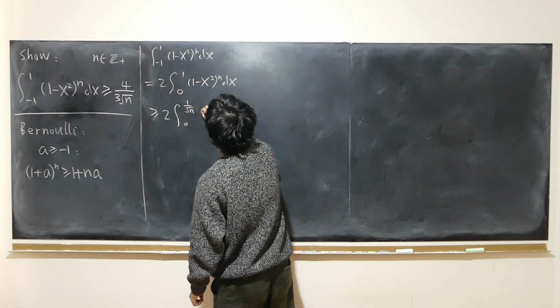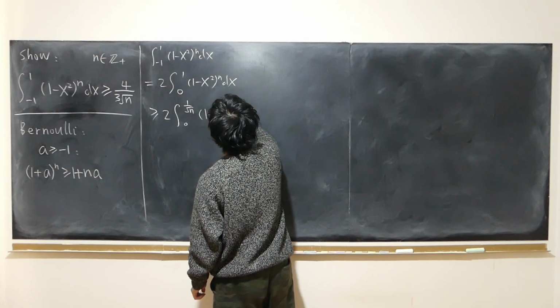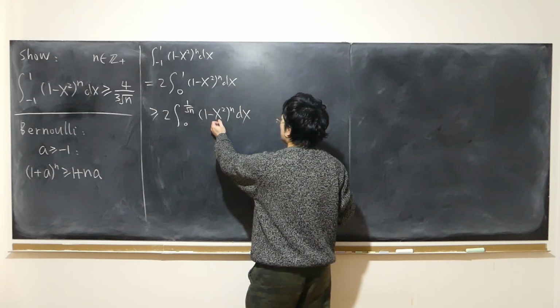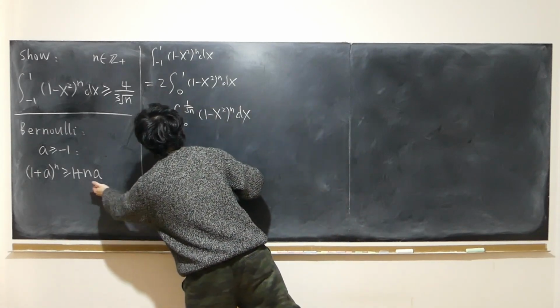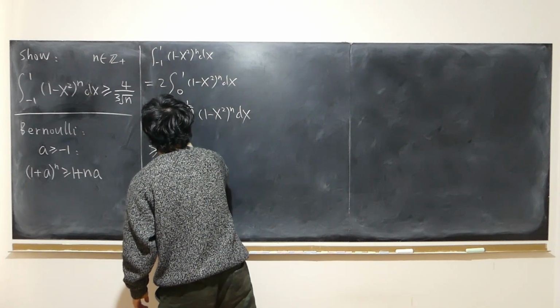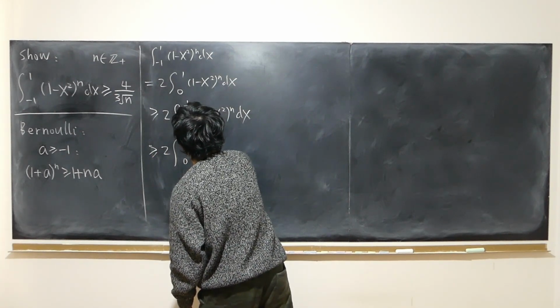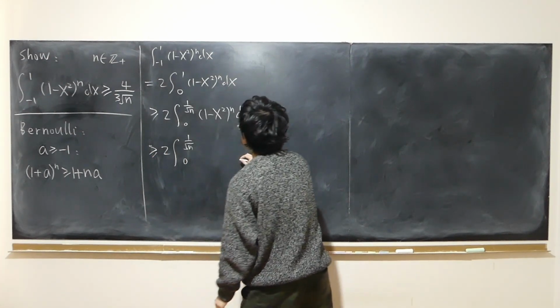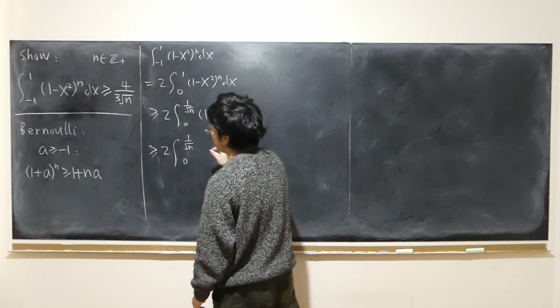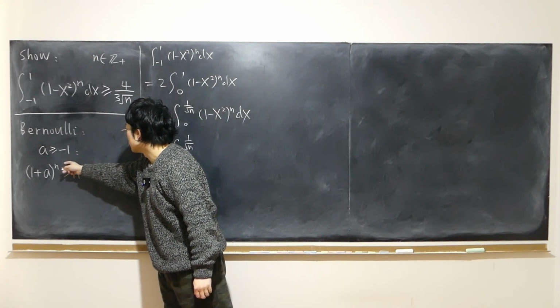Now, having this result, we're going to use the Bernoulli inequality in this step. It is bigger than or equal to twice the integral from 0 to 1 over square root of n. And we're going to check if the condition is satisfied: a bigger than or equal to -1.